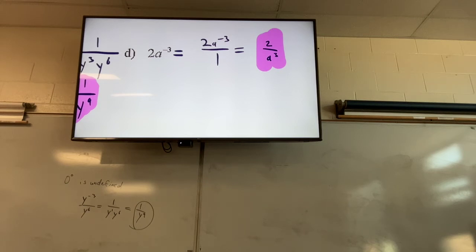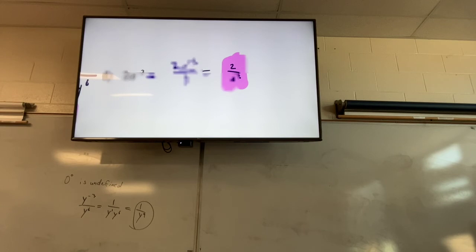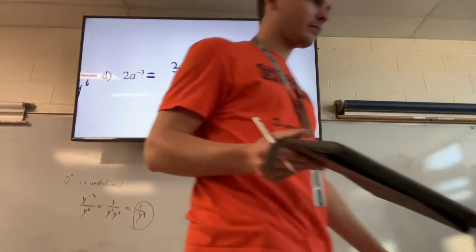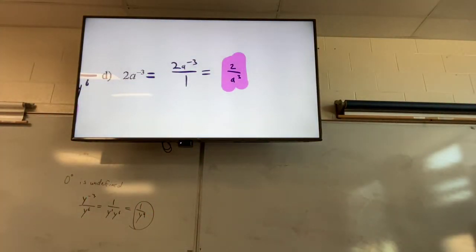To flip the 2 to the bottom, we'd need to have a negative 3 on the 2. We can only flip stuff that has a negative exponent on it. Gotcha. Thank you for making distinctions.